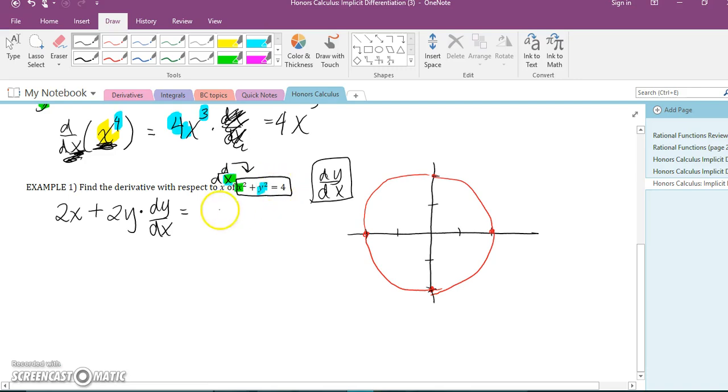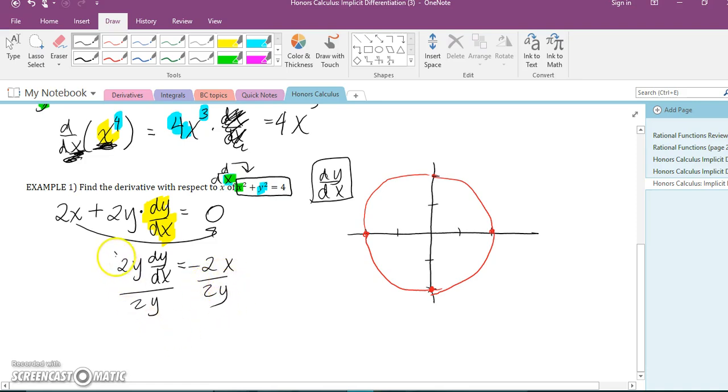The derivative of a constant is 0. Now, our goal is to get dy dx alone, and it is most definitely not alone right now. So at this point, the calculus is done, and we just have some algebra. So I'm going to bring the 2x to the other side, and then I'm going to divide by 2y. Boop, that cancels, and dy dx is, 2's cancel, negative x over y.